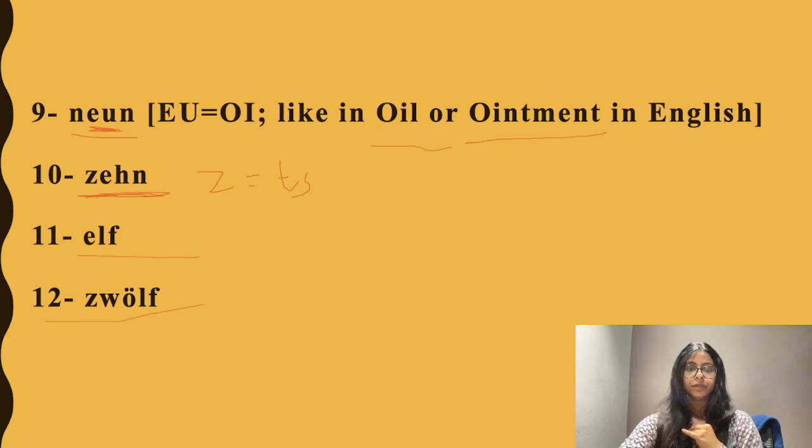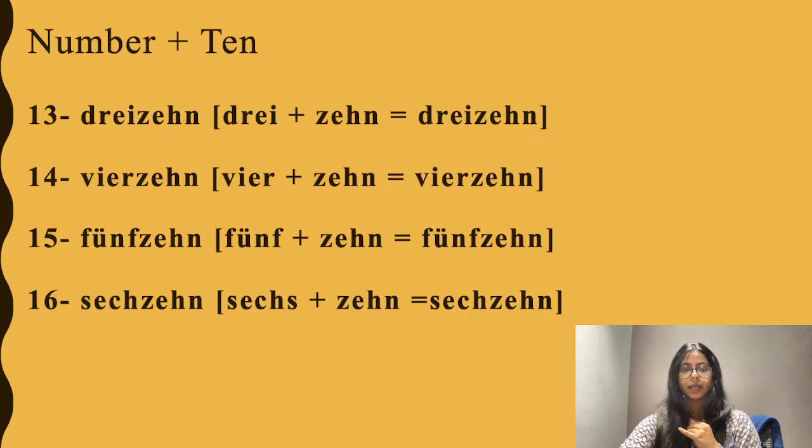Remember the two dots, the umlaut on the letter O in this case has no equivalent in English. So we pronounce zwölf. You will pick up the pronunciation once you learn more words. So don't worry about the pronunciation as of now.